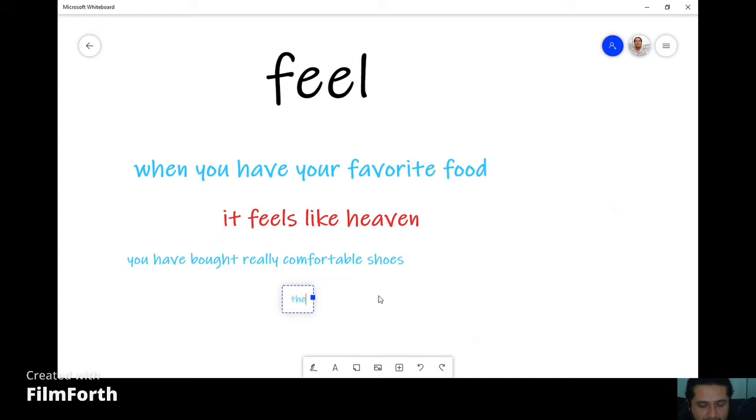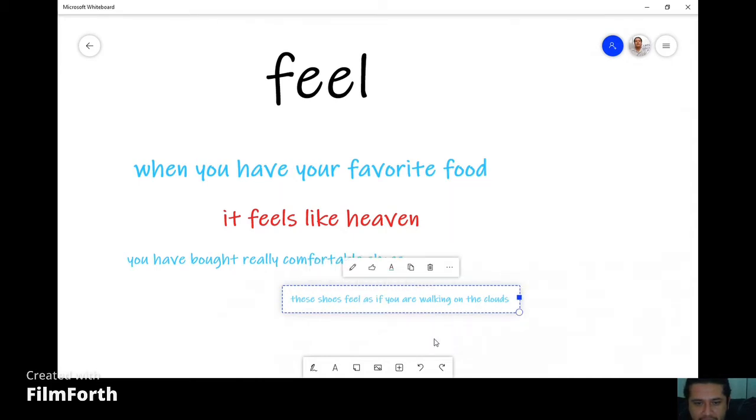These shoes feel like, or feel as if, these shoes feel as if you are walking on the clouds, okay? Because they are very comfortable.